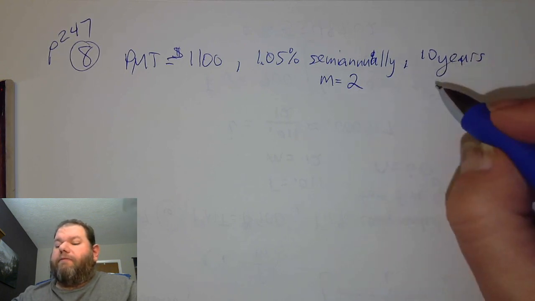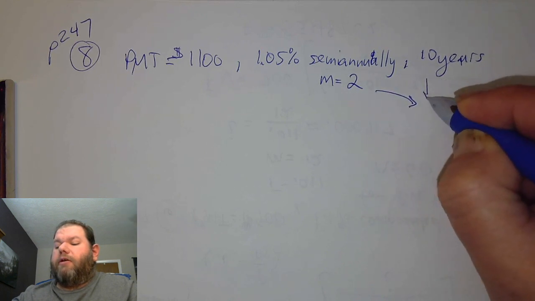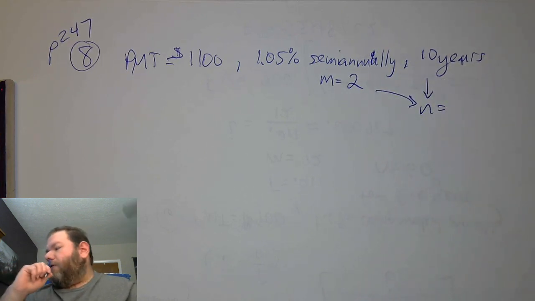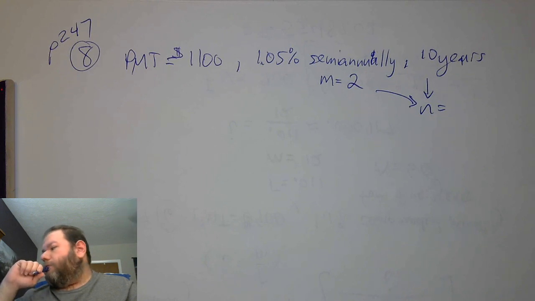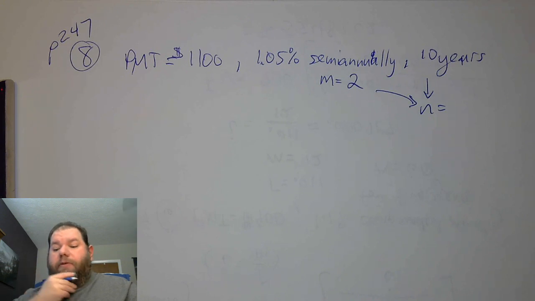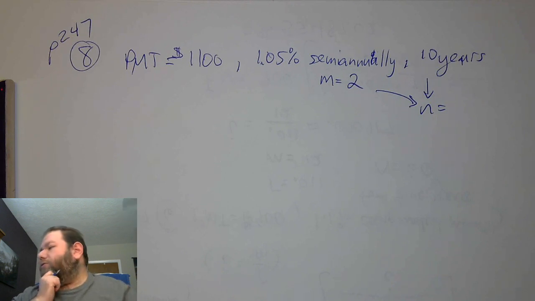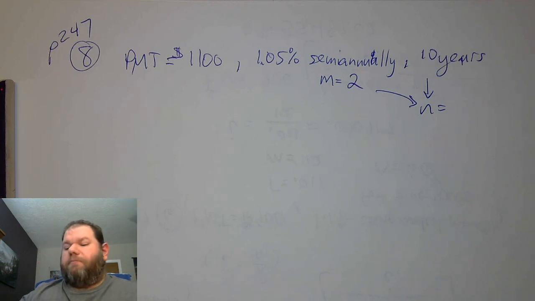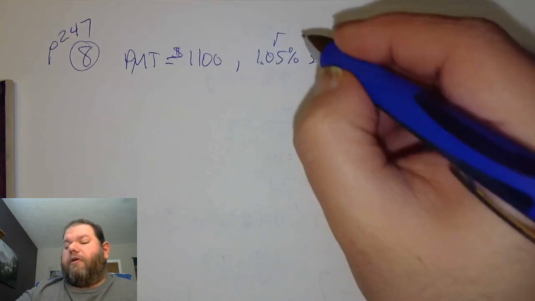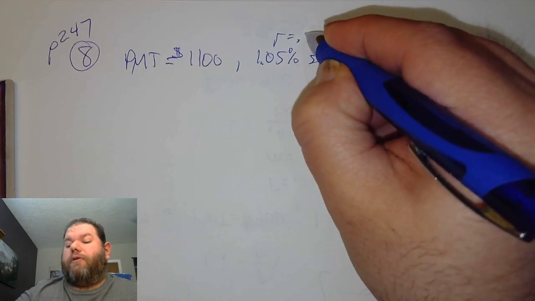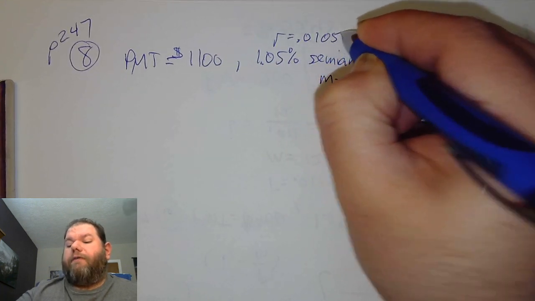So 2 payments at 10 years means that N would be how many total payments are we making if we make 2 payments per year for 10 years? 20? Mm-hmm. And R is 1.05%. We'll make that 0.0105.